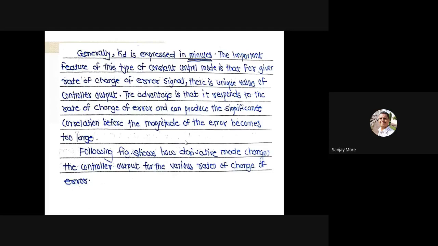Also, the advantage is that it responds to the rate of change of error and can provide significant correction before the magnitude of the error becomes too large.